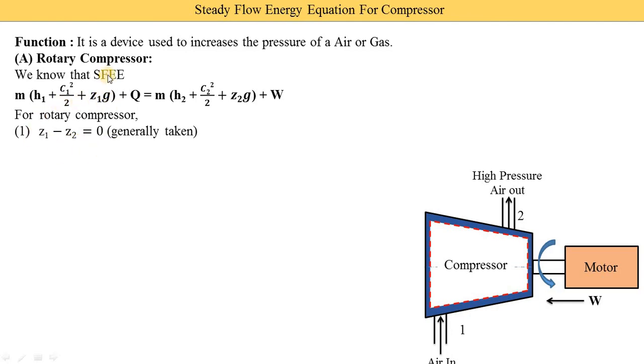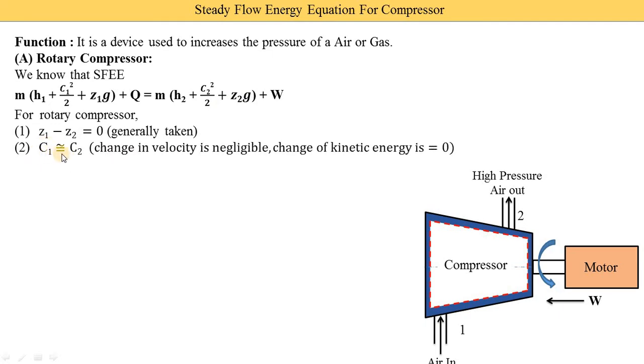Putting this value in the above equation, the Z1g and Z2g terms cancel. Second, C1, the velocity at the inlet, is nearly equal to the velocity at the outlet, meaning the change in velocity is negligible and the change of kinetic energy is 0. So C1 squared by 2 and C2 squared by 2 are equal. These are the basic considerations, but during numerical calculations C1 and C2 may be given as different. That is also possible, but these are the parameters we assume.